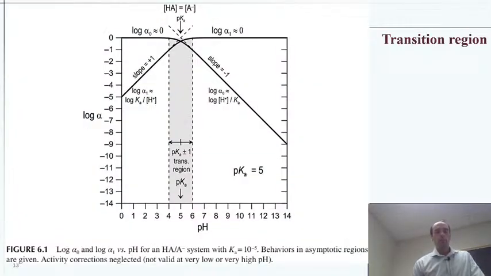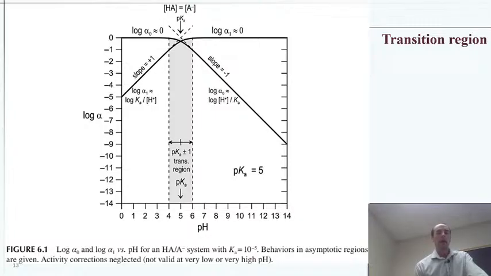So in this particular scenario, our pKa is 5, and so 5 is where they cross. And we can get a lot of information there. We know HA is equal to A minus there. And the log of alpha 1 we can say is equal to log Ka divided by Ka plus H plus, whereas log of alpha 0 is log of H plus divided by Ka plus H plus.